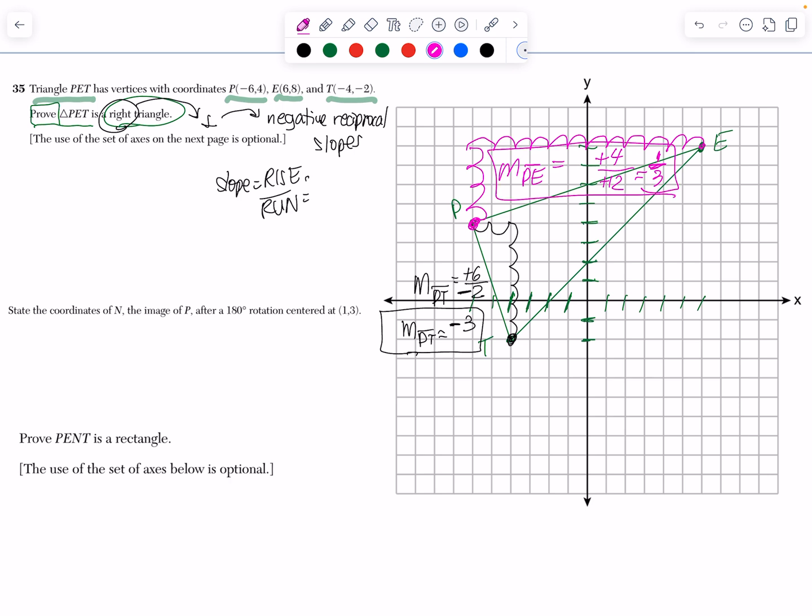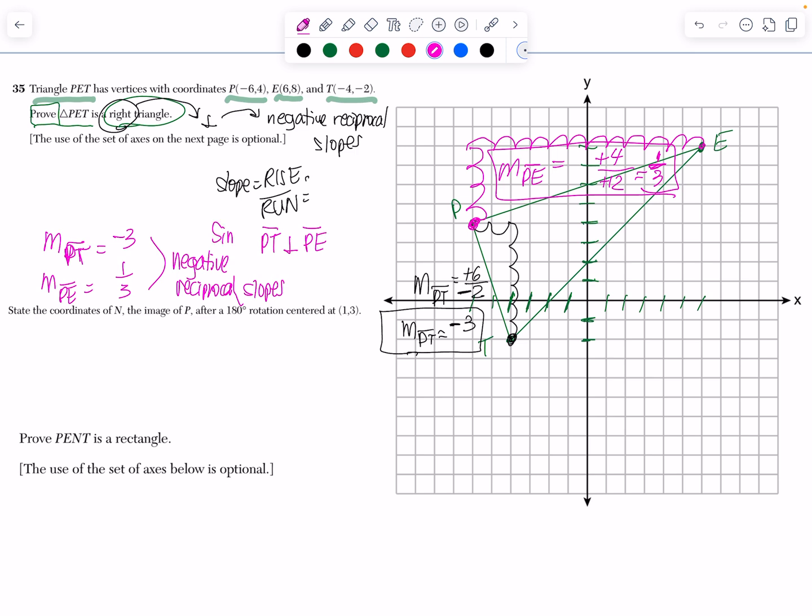So I'm just going to write this clearly here. The slope of PT was -3. The slope of PE was 1/3. And you can clearly see that they are negative reciprocal slopes. And since they have negative reciprocal slopes, we know that line segment PT is perpendicular to line segment PE.